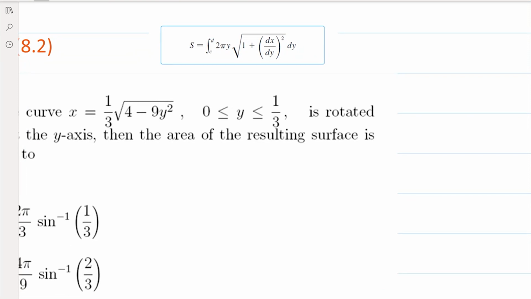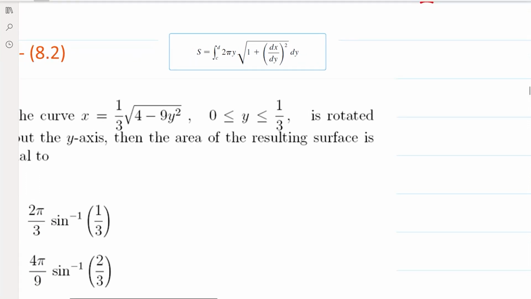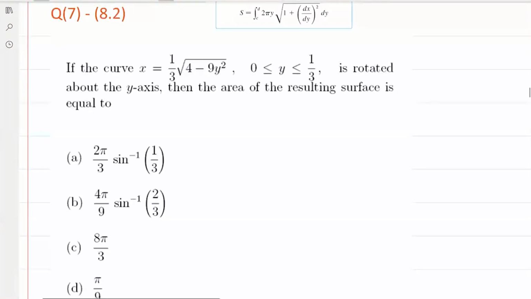Now, all of you, this is the rule and this is the question. In this question, the curve equals this, and the limit of y will be from 1 to 1 over 3, rotated about the y-axis. Then the area of the surface of revolution is what?